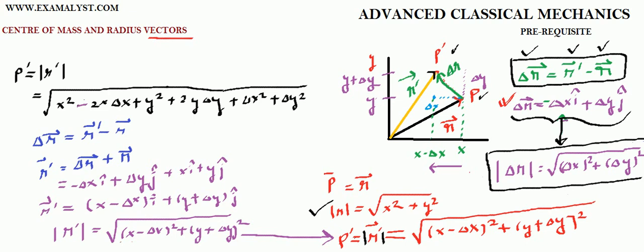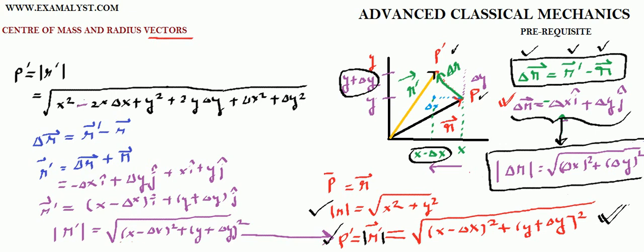Now, if somebody asks you what is the length of P dash, then you can easily see that P dash has two components. One is x minus delta x, and another component is y plus delta y. And since we know that these are the two components of r dash, one can easily find the length of r dash by using this formula.